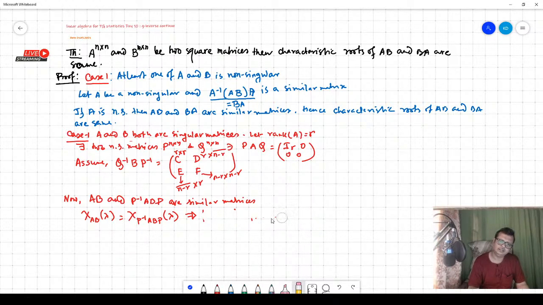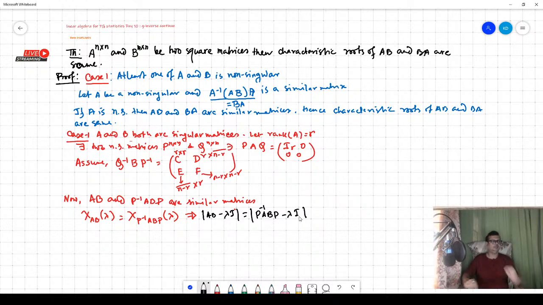I write this as AB minus lambda I, and P inverse AB P minus lambda I.